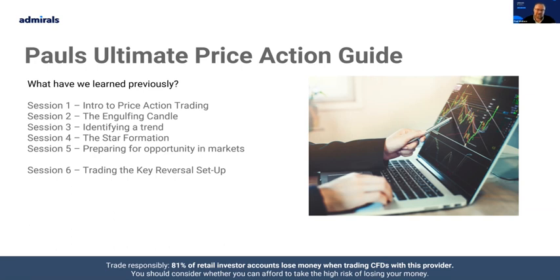And last session, we looked at preparing for opportunity markets. It was about getting yourself ready to trade, putting yourself in the best place possible so that you can make better trading choices during your trading session. And today, we're going to talk about trading the key reversal. Like the engulfing candle and the star formation, it's a simple price action based setup that you can take on board, build into your own trading and utilize going forward.